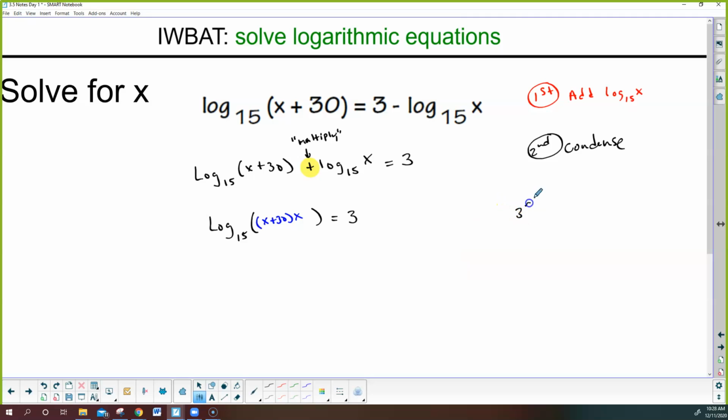But then the third thing, now we're just going to change forms. We're going to go from log to exponential. So 15 to the power of the answer has to equal x plus 30 times x, but let's go ahead and actually distribute that.